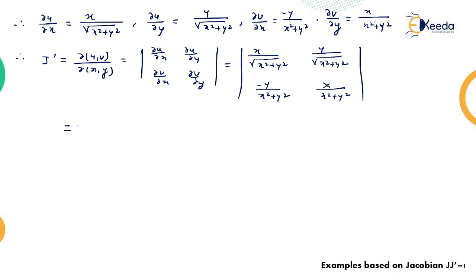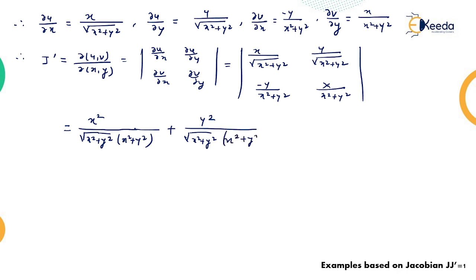Taking cross multiplication, what will you get? x into x is x² upon √(x² + y²) times (x² + y²), plus, since minus minus becomes plus, y² upon √(x² + y²) times (x² + y²).